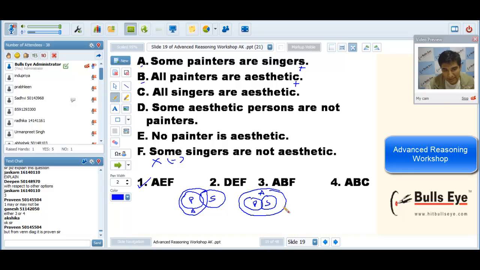Yes, Praveen, you can see the next diagram now. So basically, I am trying to say, please follow the basic rules of syllogism, which says if two positive statements are there, then you cannot have the negative conclusion.